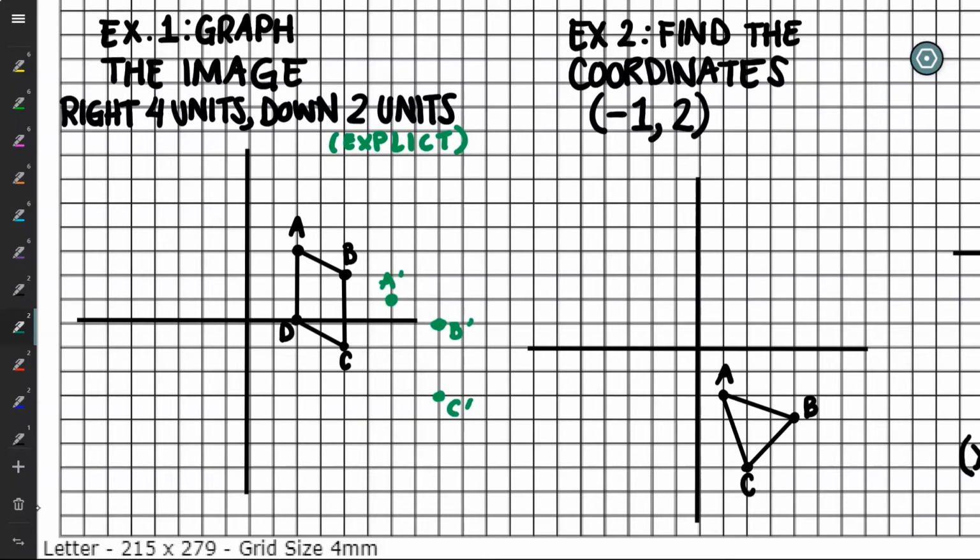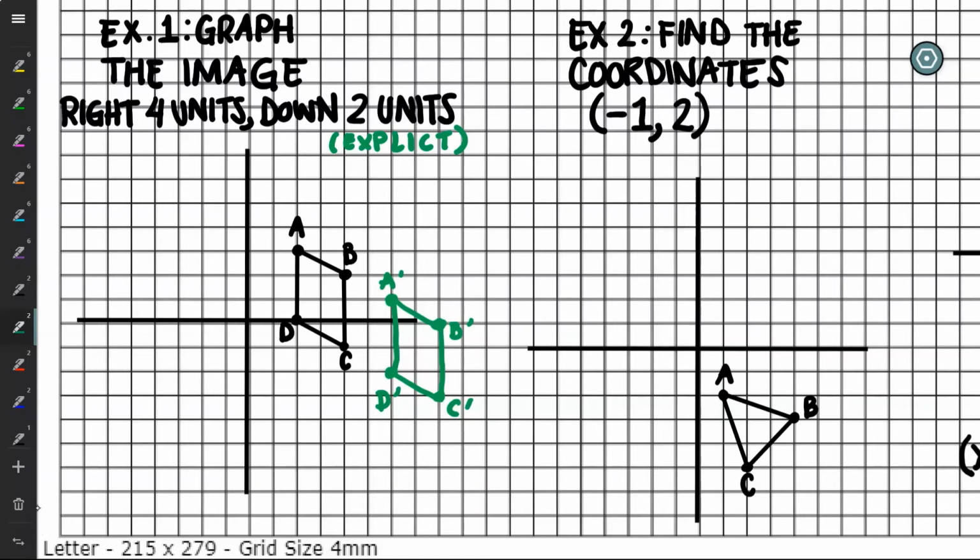For D, we're going to go right 4 units. 1, 2, 3, 4 and down 2 units. 1, 2. And this is my D prime. Last step is just to connect those 4, and you should have the same shape, just in a different position.